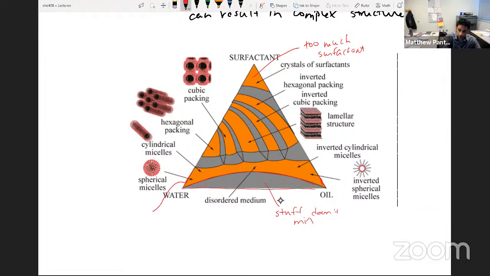At the very bottom, what it doesn't show is you'll just have monolayer formation, right, before you hit the critical micelle concentration. And that will be at or near this corner.